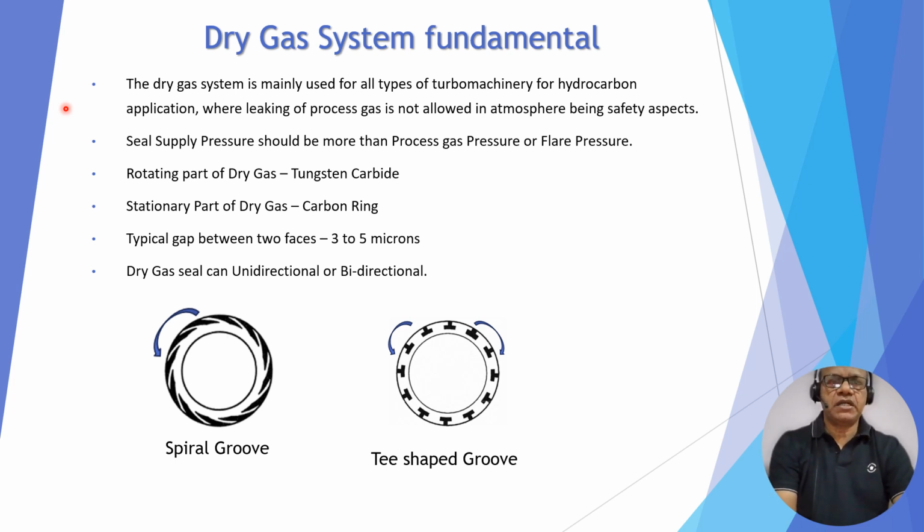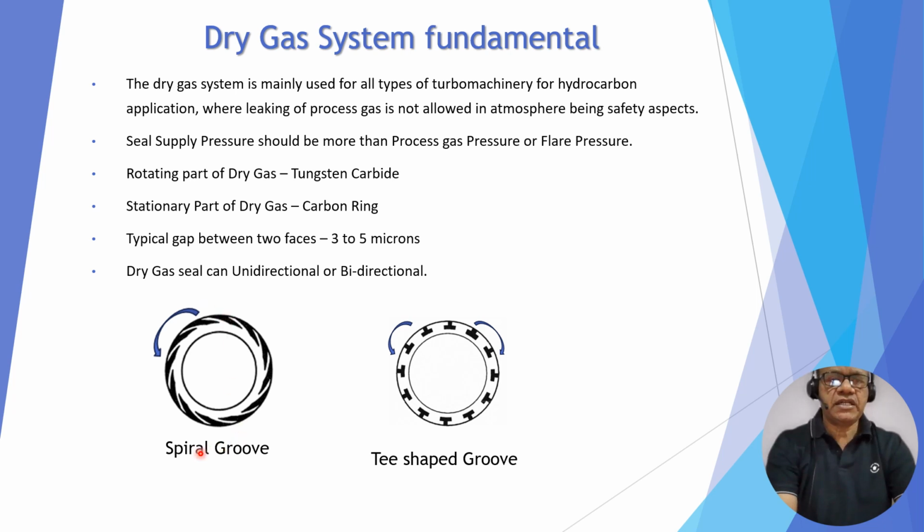This is the basic funda, and normally the rotating part of the dry gas seal is called tungsten carbide, and the stationary part of the dry gas seal is carbon, and typically the face gap is 3 to 5 micron. A dry gas seal can be unidirectional or bidirectional.